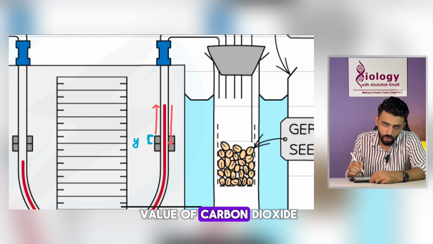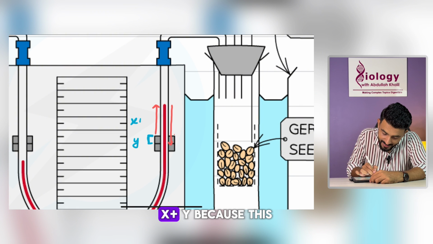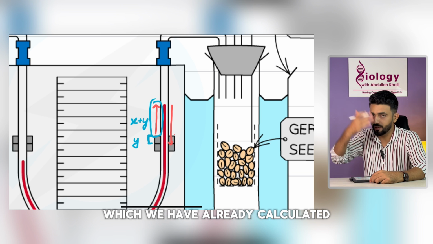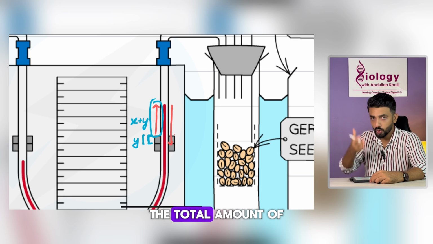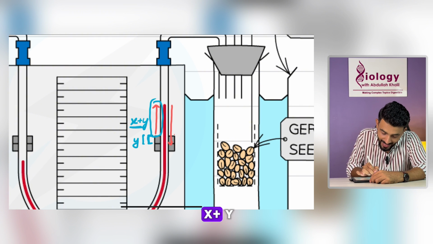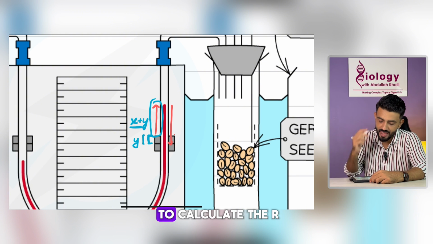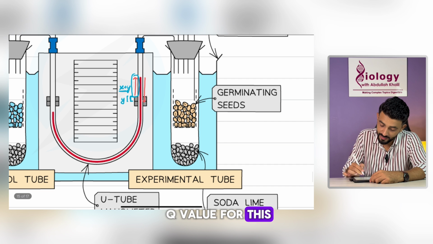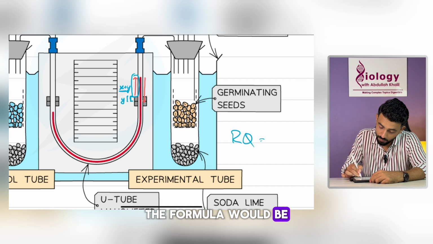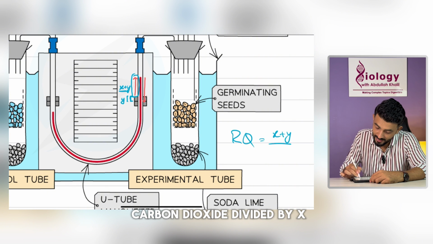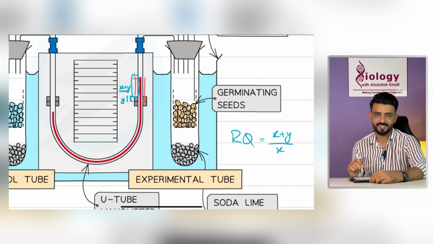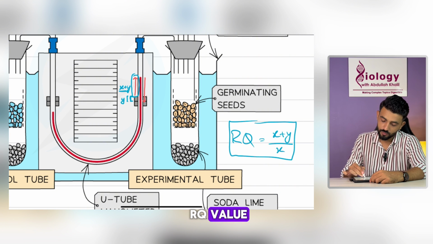What would be the value of carbon dioxide? X plus Y. Because this is the value of X, which we have already calculated, and this is the value of Y. So the total amount of carbon dioxide will be X plus Y. And if we have to calculate the RQ value for this, the formula would be X plus Y, which is the amount of carbon dioxide, divided by X. It gives you the RQ value.